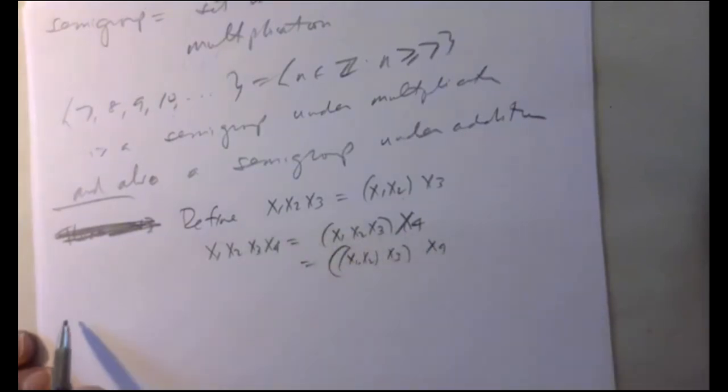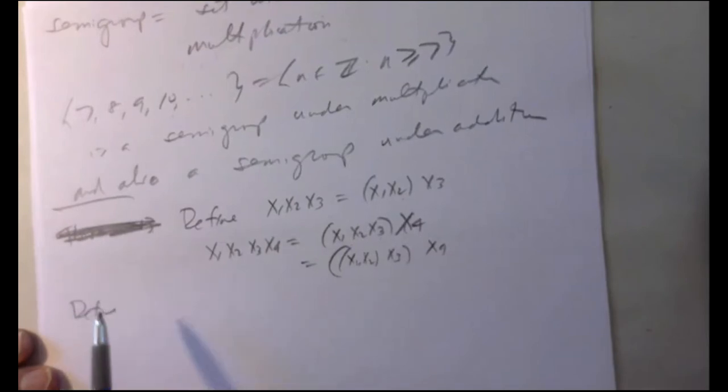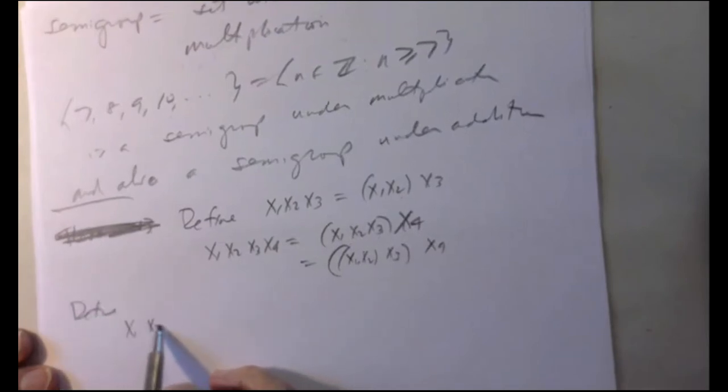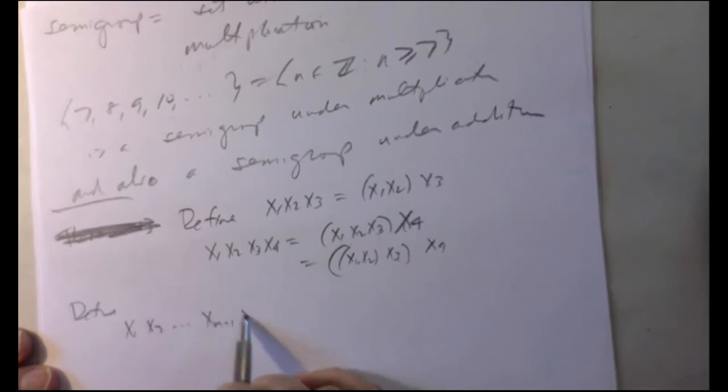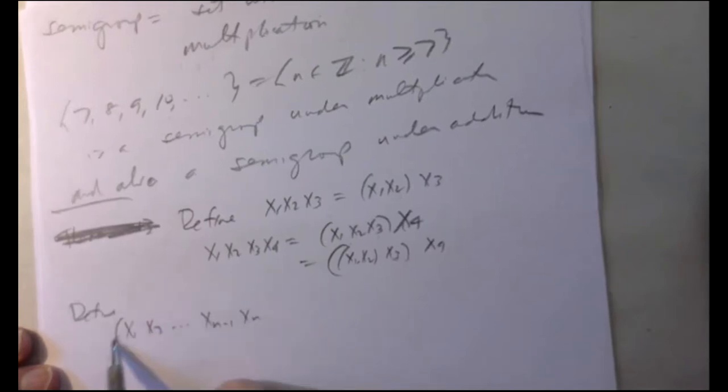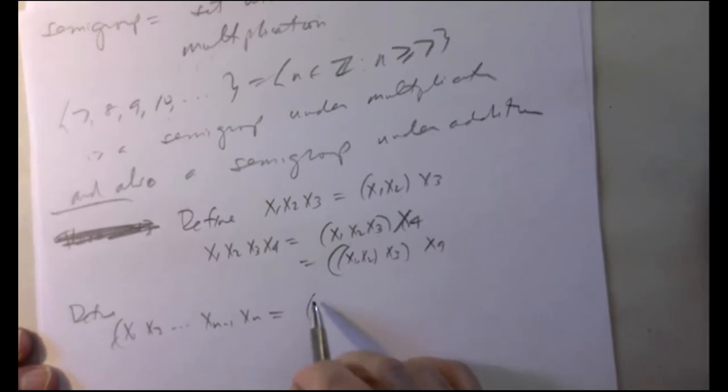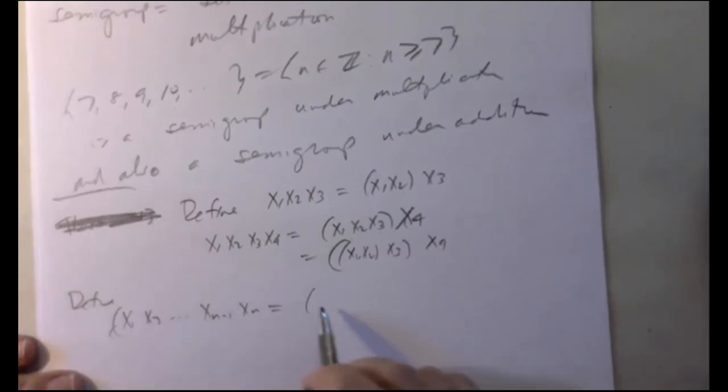In general, we define the product of n elements of the semigroup inductively, assuming you know what the product of n minus 1 elements is. The product of n is x1 up to x sub n minus 1 times xn.